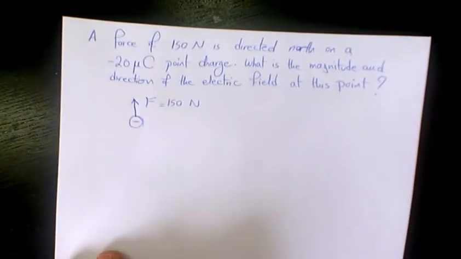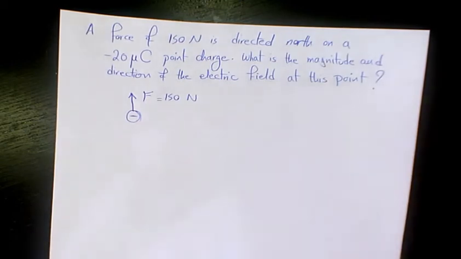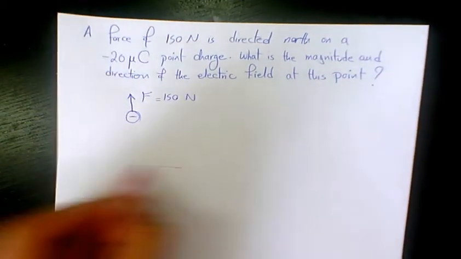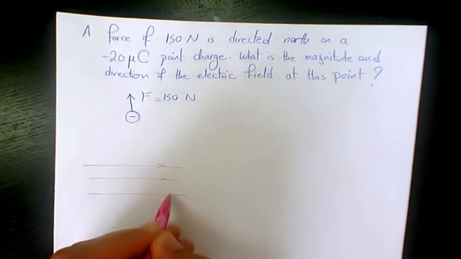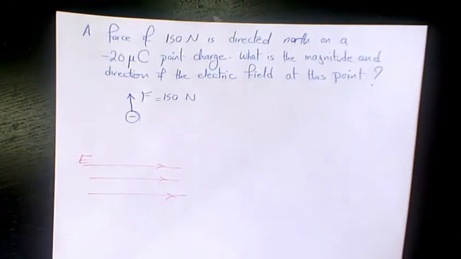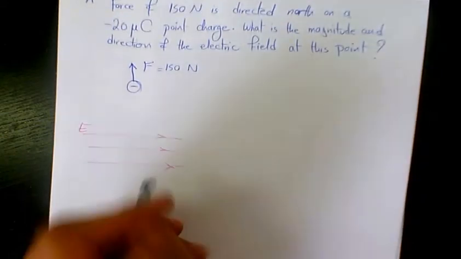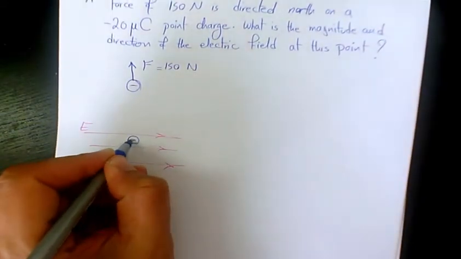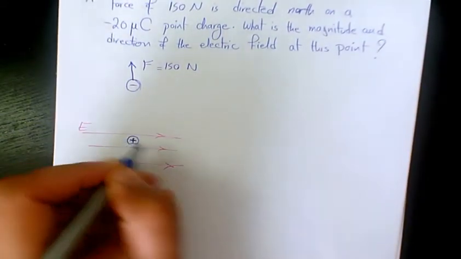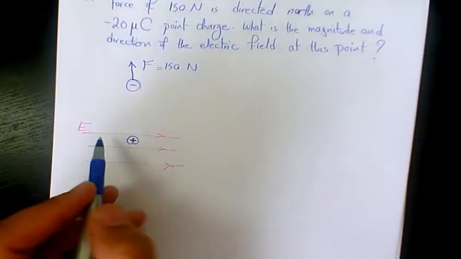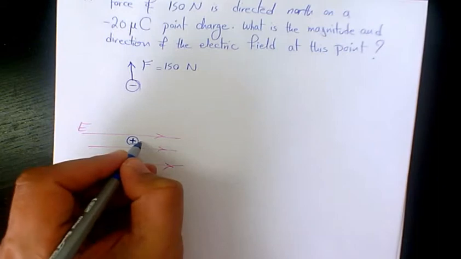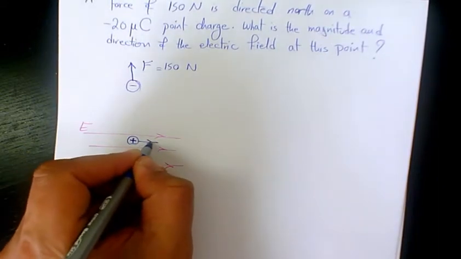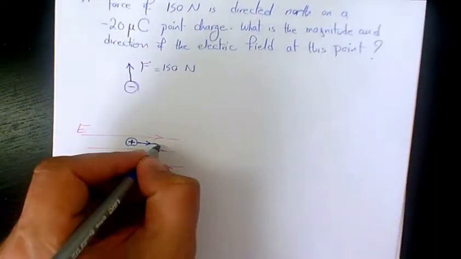Before I start solving this question, assume that we have an electric field going toward right. If we have a positive charge in this electric field, the force applied from this electric field on this charge is going to go toward the electric field direction.